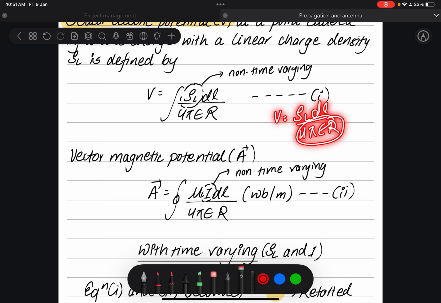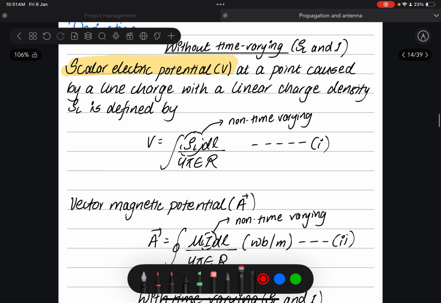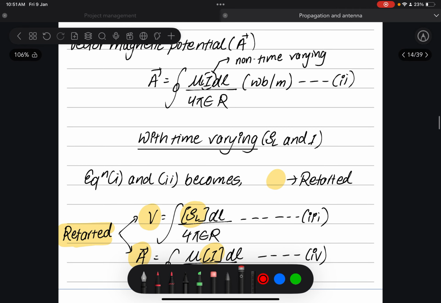For remembering, you have 4 pi and dl in both, and for scalar potential you write lambda, and for magnetic potential you write mu I. That's as simple as that. I don't have to explain lambda, it's the linear charge density.